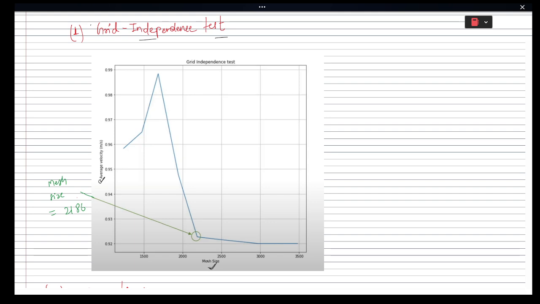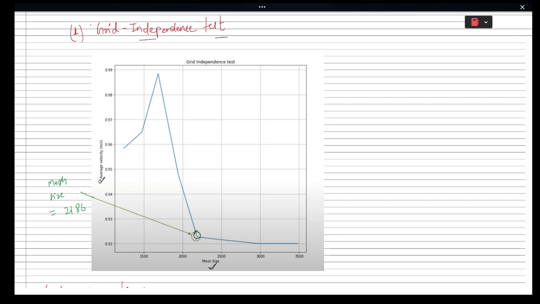So what is happening in the graph, basically? At first, the average velocity changes a lot as we make the grid size finer, a smaller size. Second, after a certain grid size, the average velocity doesn't change even if we refine the grid further.